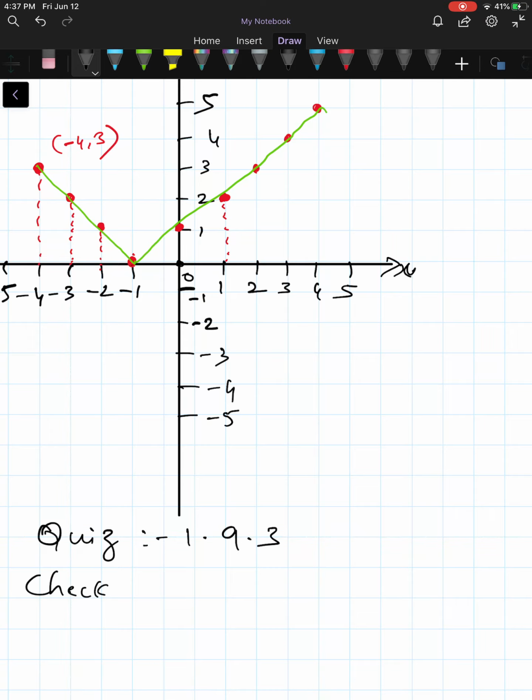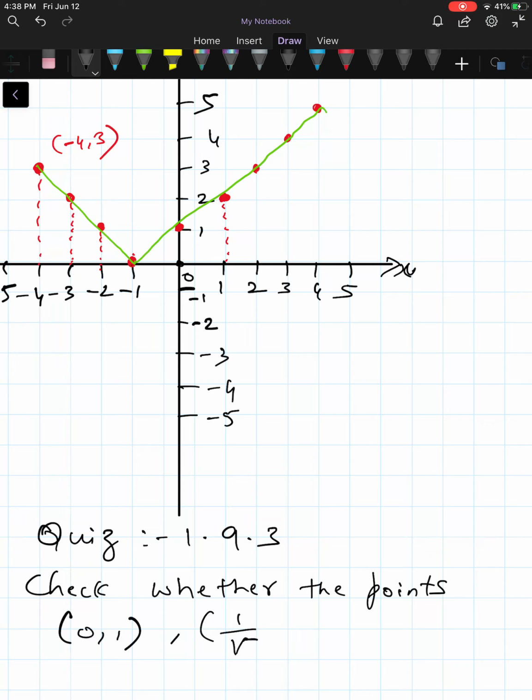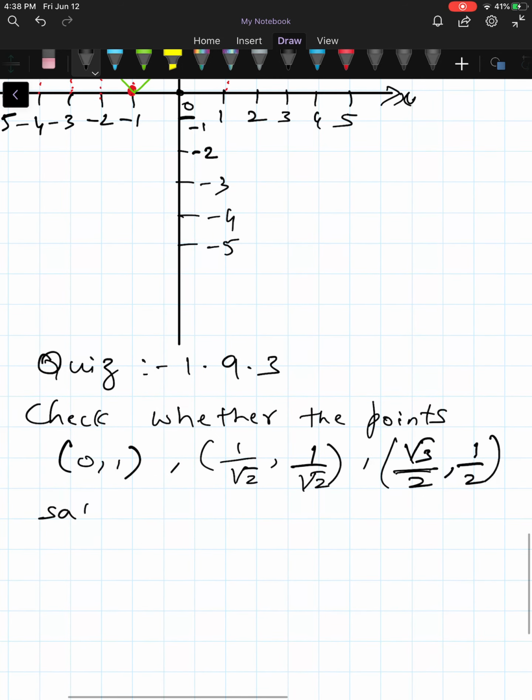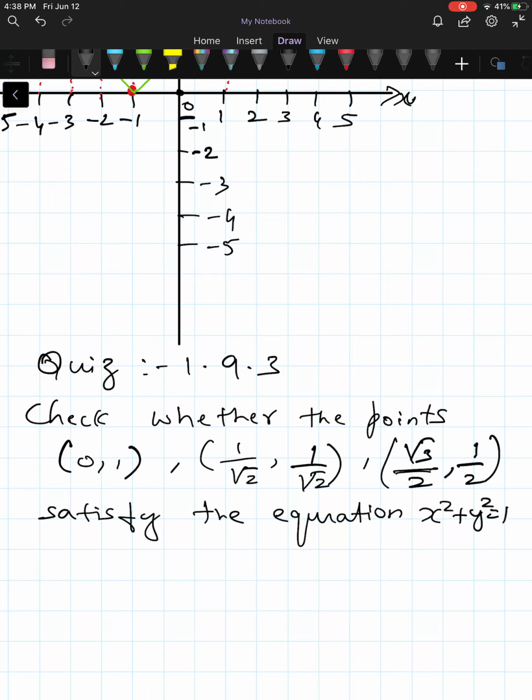Check whether the points 0, 1, 1 over root 2, 1 over root 2, and root 3 divided by 2, 1 over 2 satisfy the equation x square plus y square is equal to 1 or not.